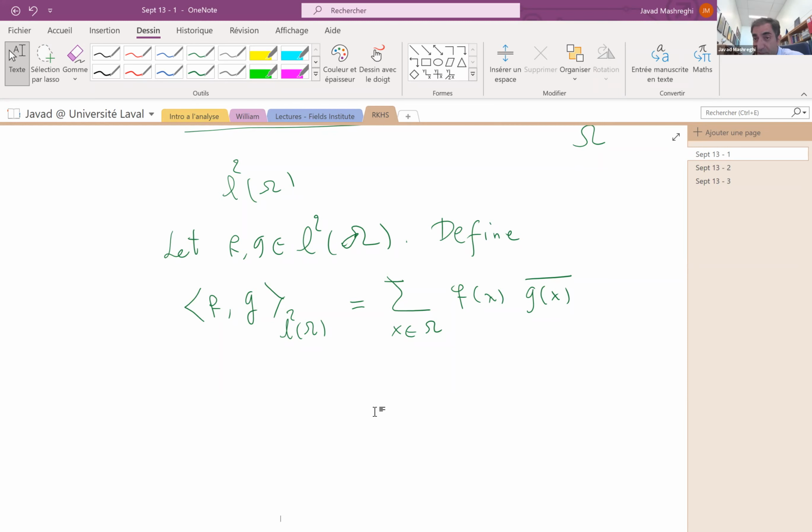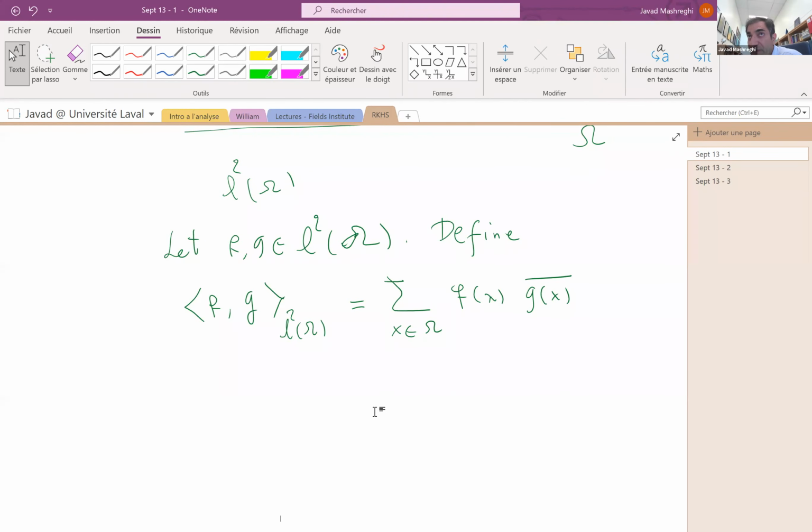We consider the union, which is countable. That's good. At the complement of E1 union E2, f times g is equal to 0 because at least one of them is 0. So we study the sum on the union of E1 and E2. Well, that's a good observation, but still it doesn't help.